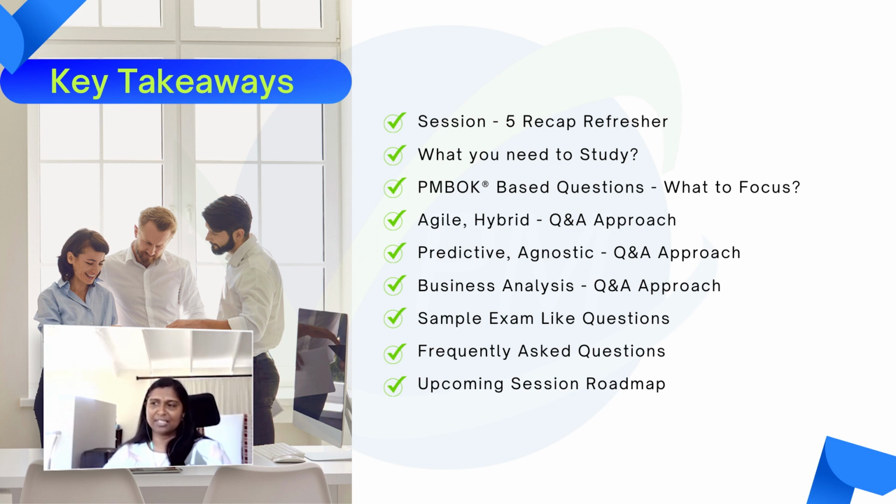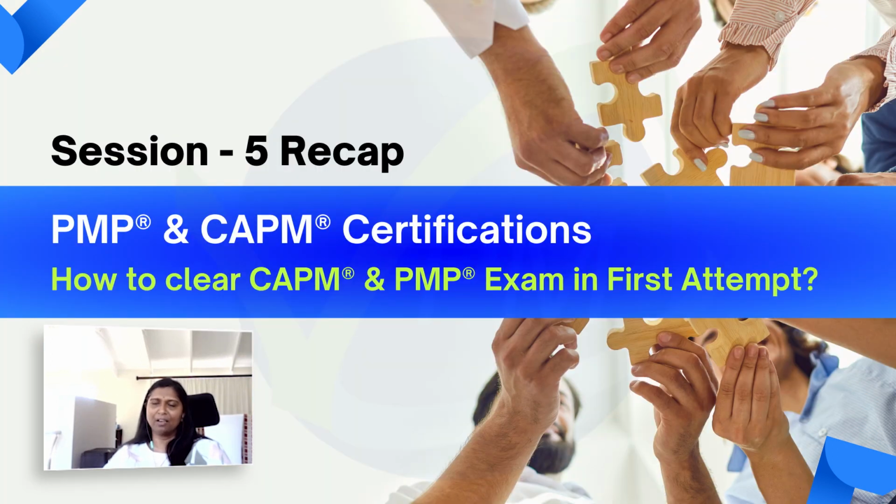There's also a business analysis QA approach, which is quite specific for the CAPM certification. We've got some sample exam-like questions. We'll discuss some frequently asked questions, and then as usual, give you a snippet of the upcoming session or the roadmap.